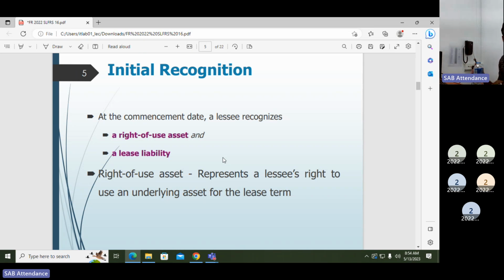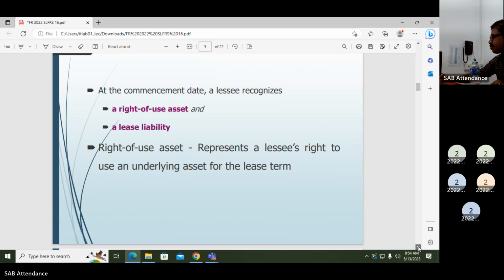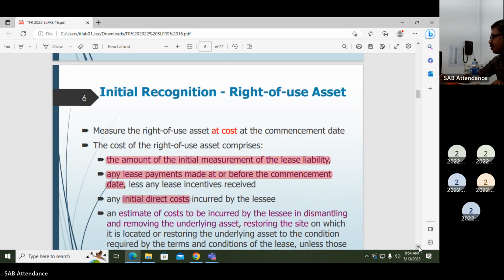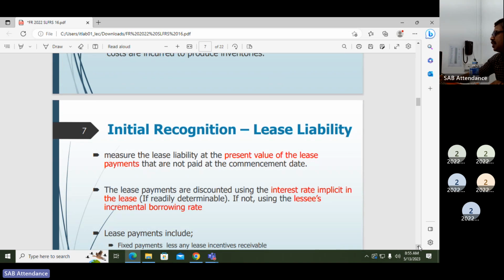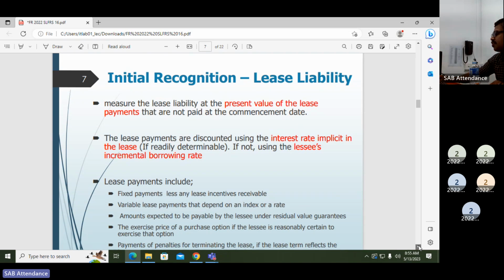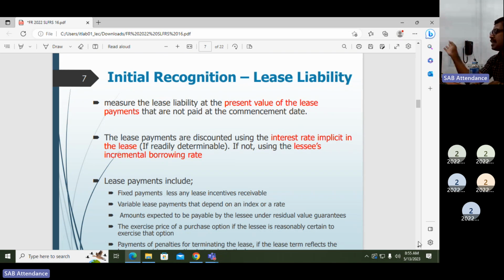So the value of the lessee's right to use this asset during the lease period is what the right of use asset represents. For initial recognition, I will start with the lease liability, because whatever amount we recognize as the lease liability, we credit lease liability and we debit right of use asset.